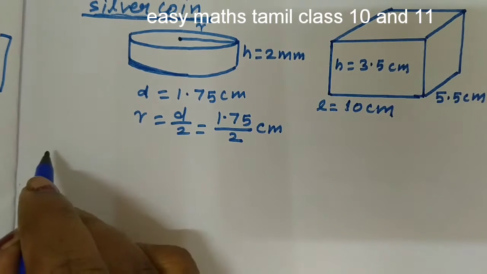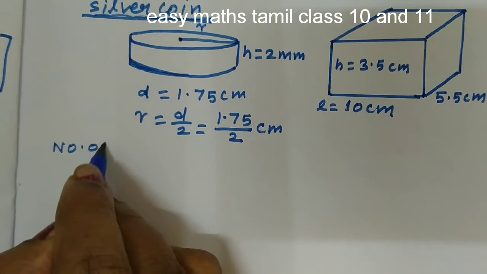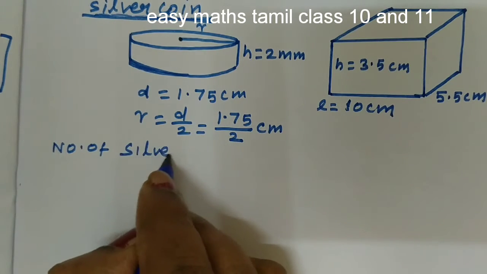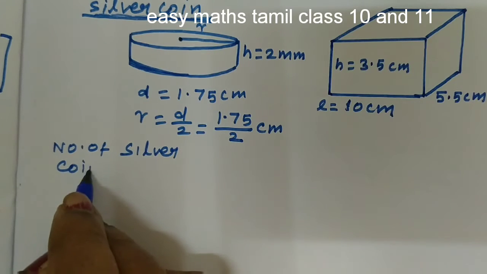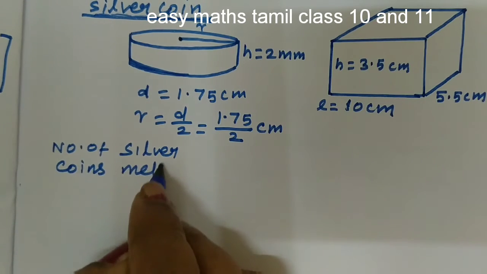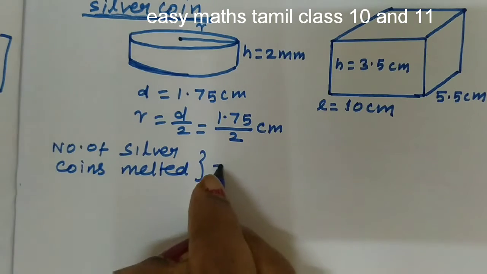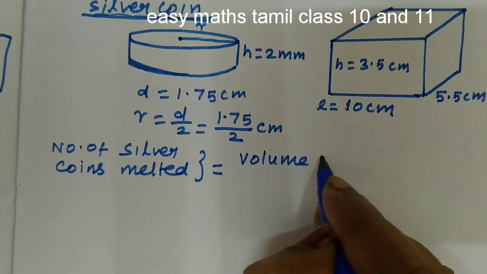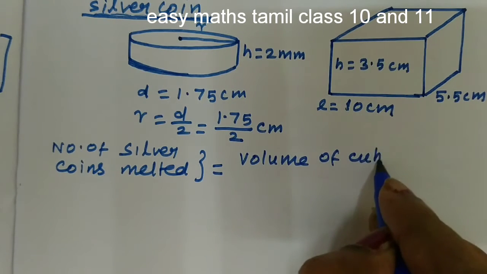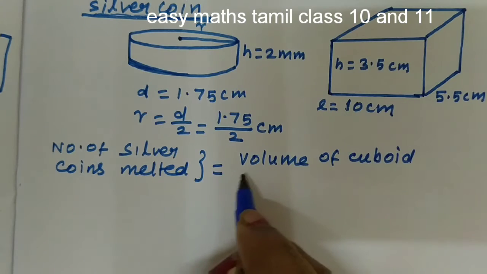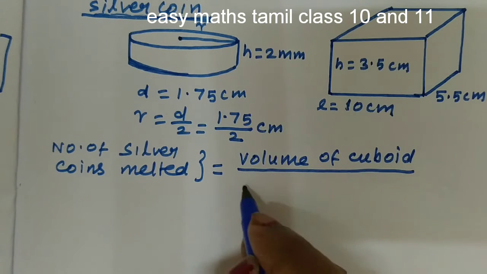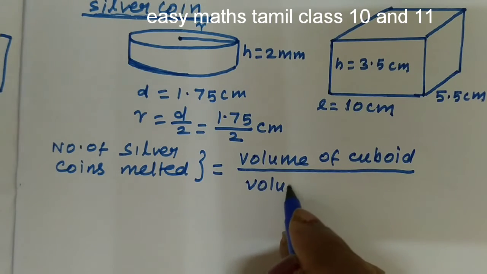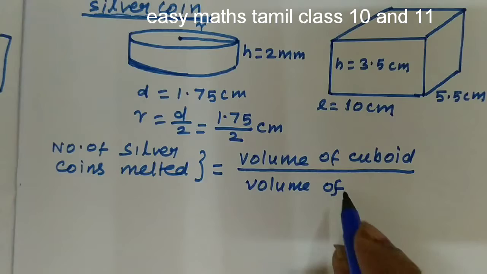So the number of silver coins melted to form cuboid of dimension 10 into 3.5 into 5.5 centimeter equal to volume of the cuboid divided by volume of the cylinder. Volume of the cylindrical silver coin.